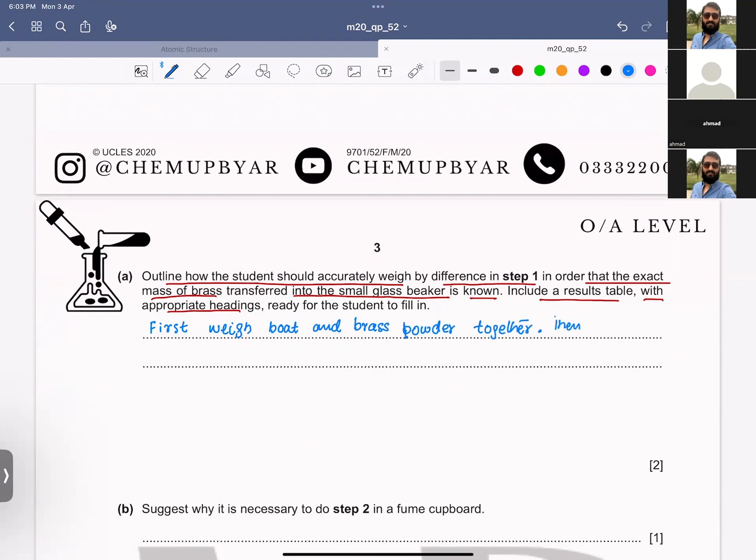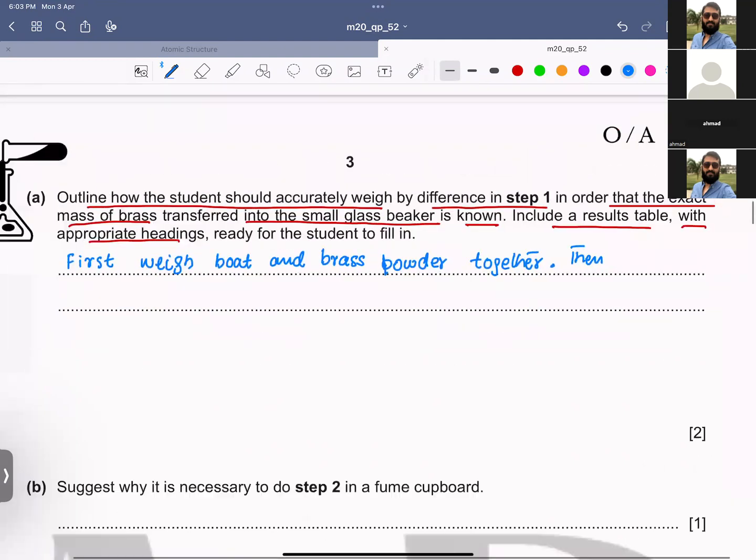Then transfer the brass powder to the beaker.